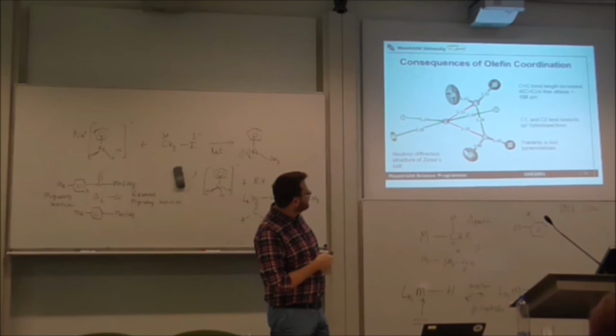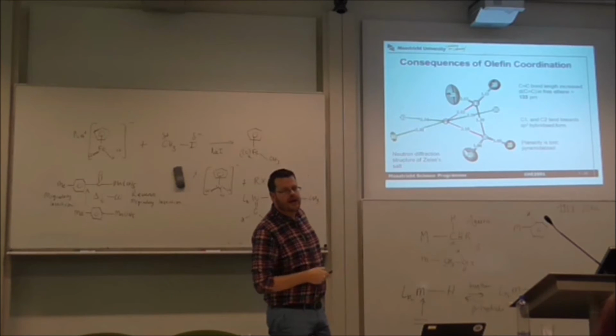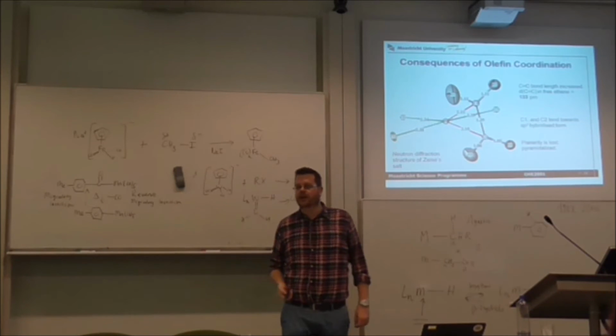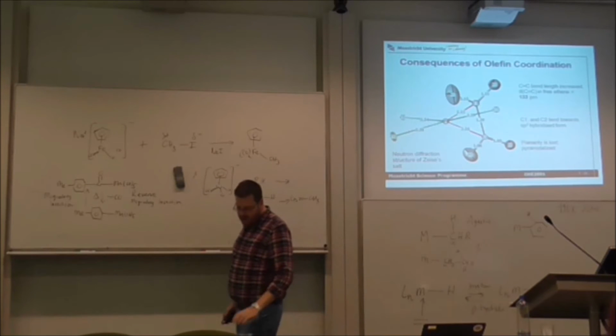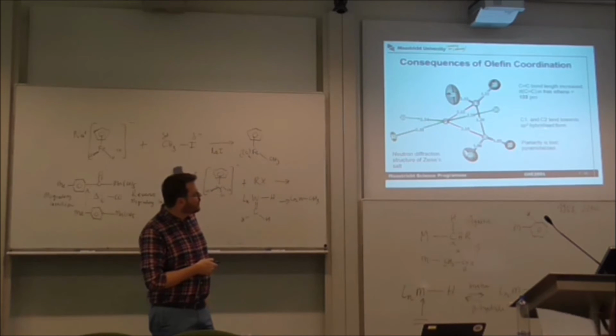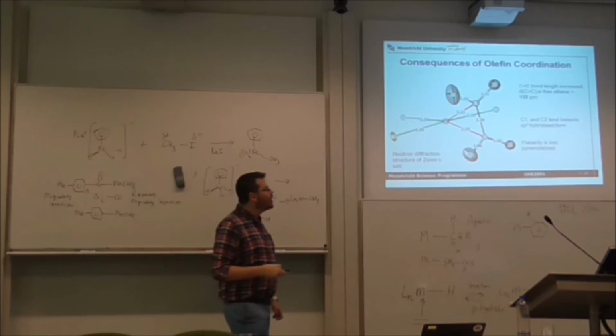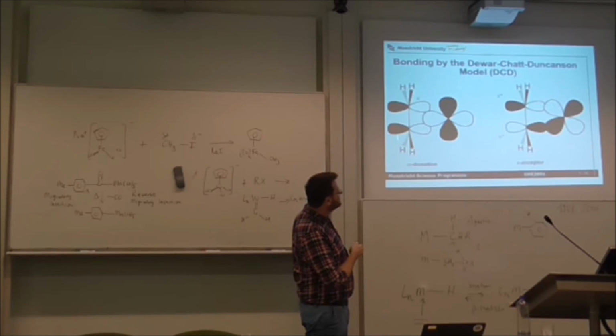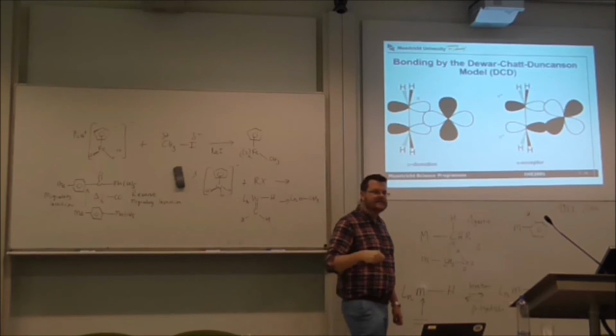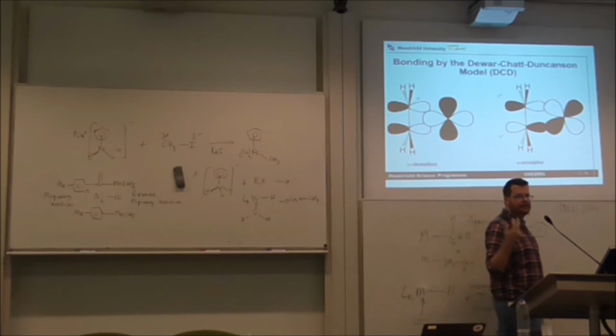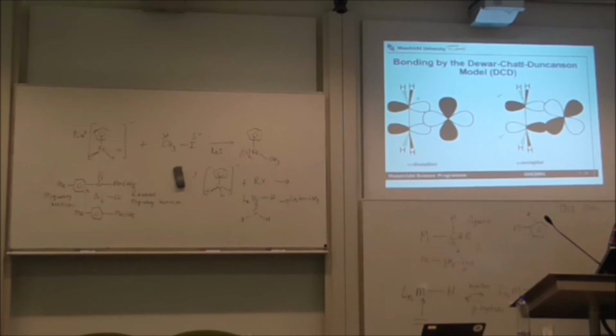Here's the carbon-carbon bond, 139 picometers, or 1.39 angstroms. The bond length in free ethylene, however, is 133. So you see there's been an elongation of the carbon-carbon bond because we're populating the antibonding orbitals. Does everyone follow? Sure? Okay.